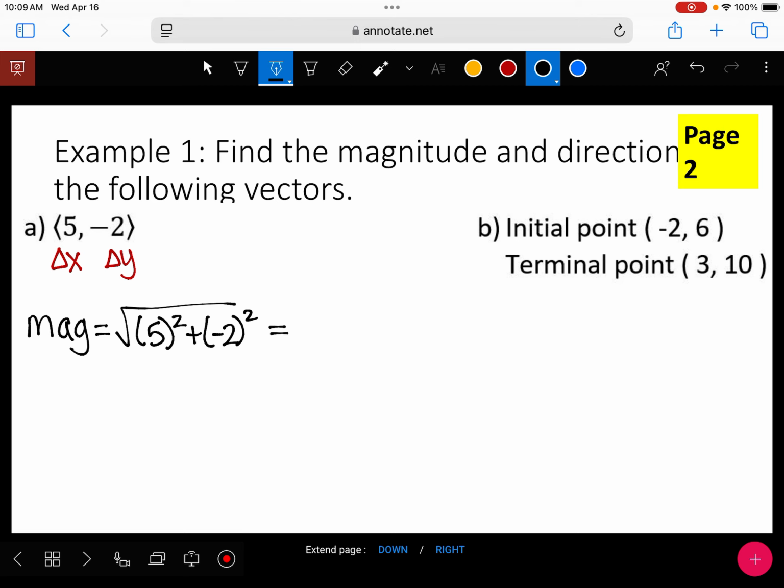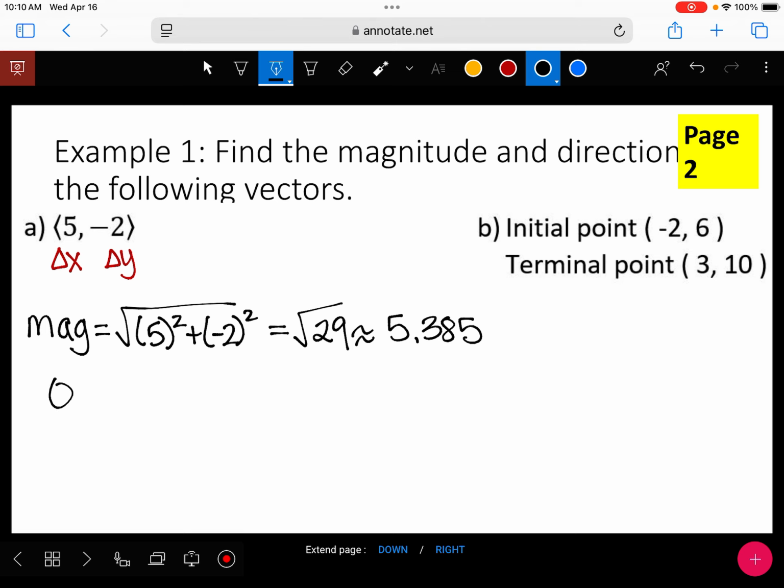Hopefully I don't need to remind you that when you put a negative in your calculator, if it's squared, you need to put parentheses around that. So I got the square root of 29. And if you were to type that in your calculator, let me see what we get real quick. So the square root of 29, you would get approximately 5.385.